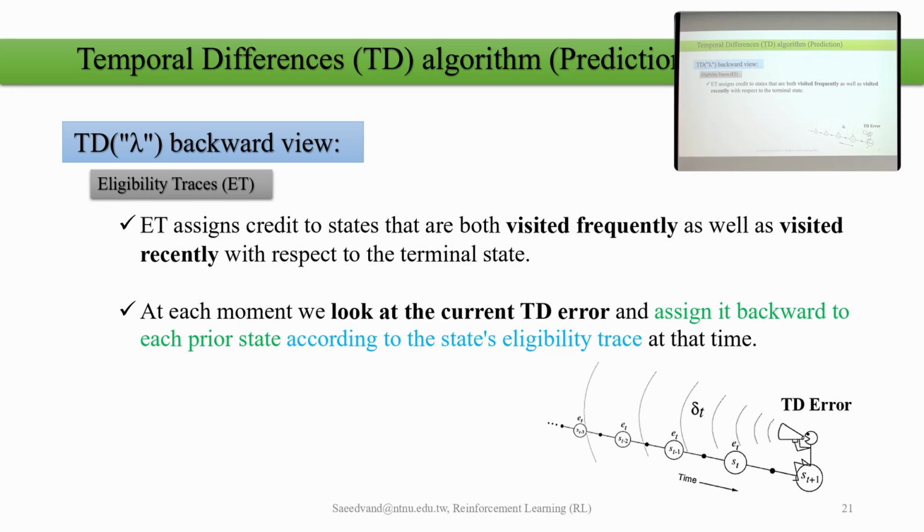So we say the eligibility trace assigns credit to each state, both with how frequently we visited the state and how recently we visited the state. This comes from the term that we will see in the next slide. And at each moment, the TD error is assigned backwards, as you can see in the figure, to each one of the previous states according to the eligibility trace.